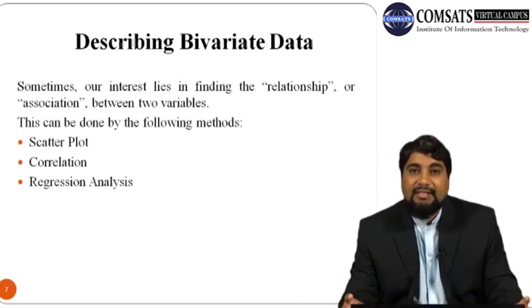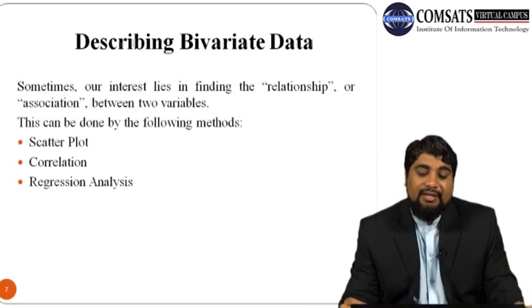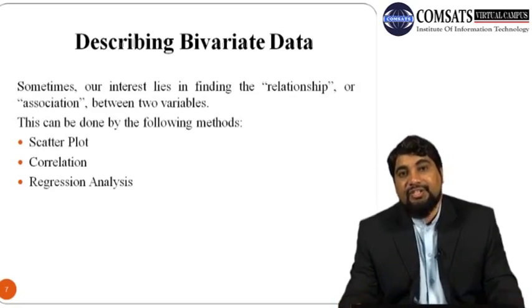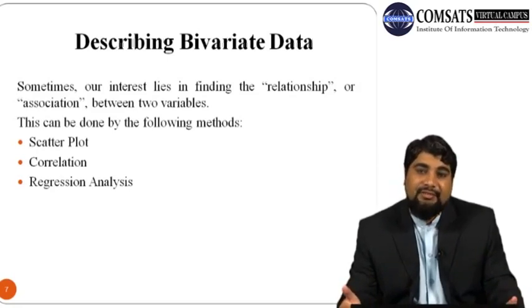But in this current lecture, we keep our focus on the scatter plot, covariance, which we have already discussed, and correlation. Regression analysis will be discussed in our next two lectures.